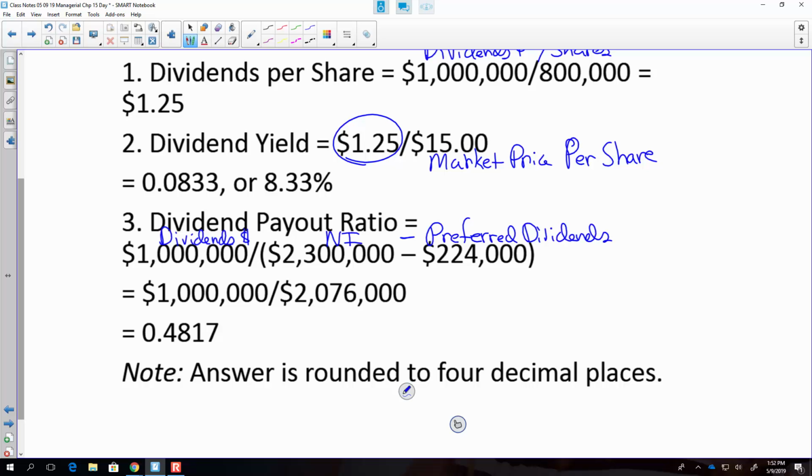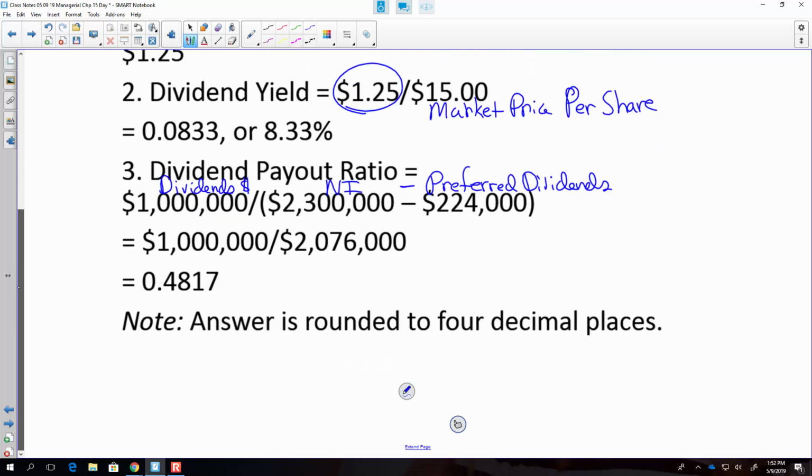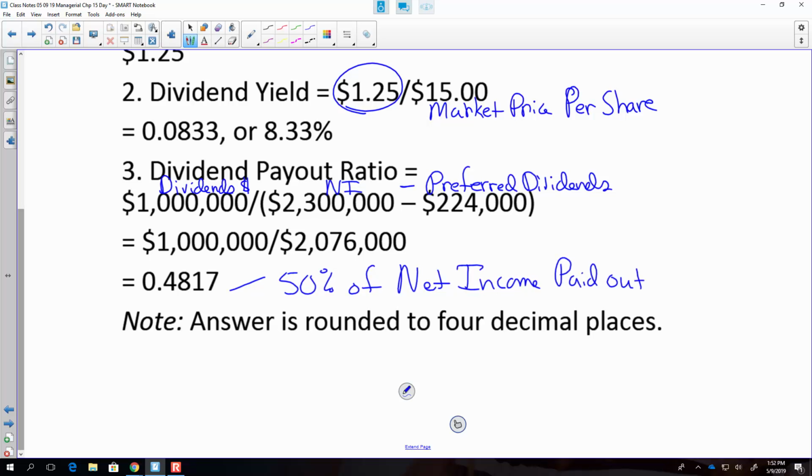So half, right? Half of the dividends came out of our net income basically after paying the preferred. So let's just say 50% of net income was paid out. The other 50% obviously then was retained within the company.